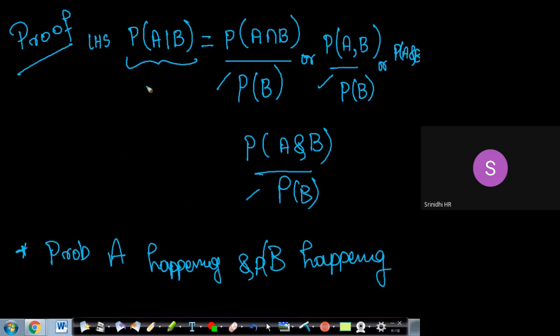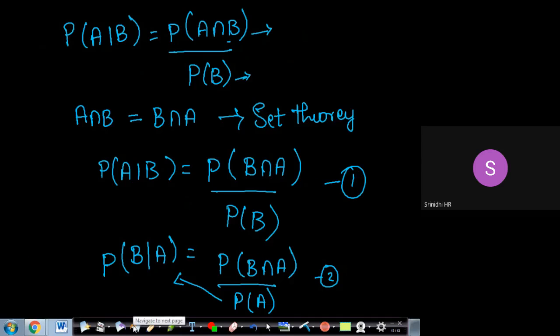So I'll just consider the LHS part. We shall start proving this theorem. Consider your LHS. What is your LHS? Probability of A given B. So I can write it as probability of A intersection B divided by probability of B. This is your numerator, this is your denominator.